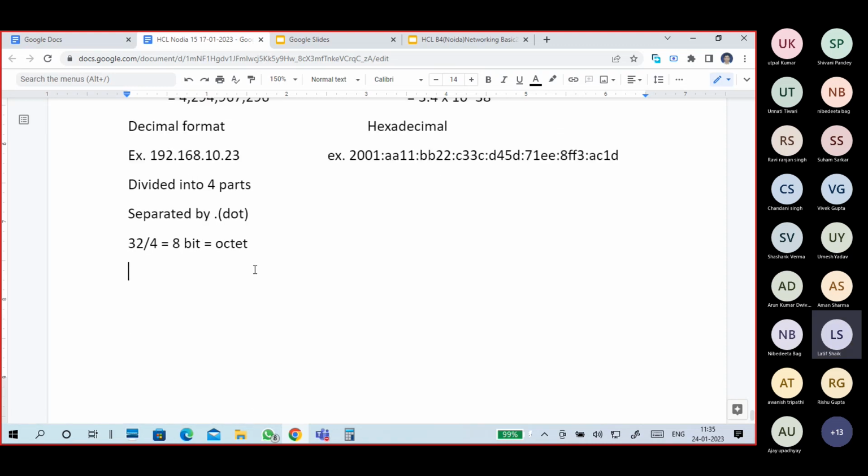I don't say bit; it's a byte. Of course, it's a 1 byte size, but we call it an octet here.